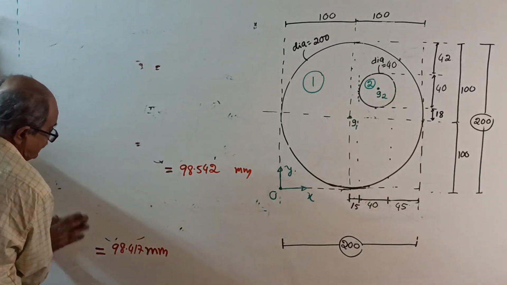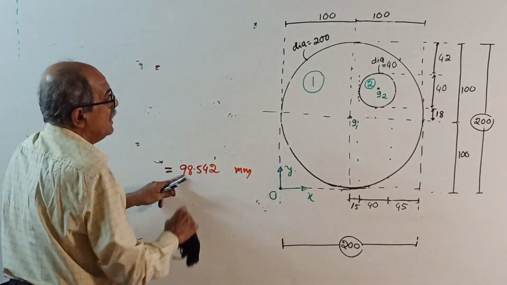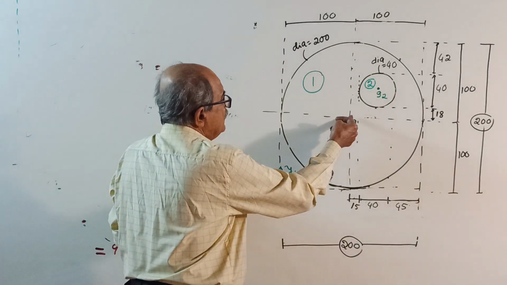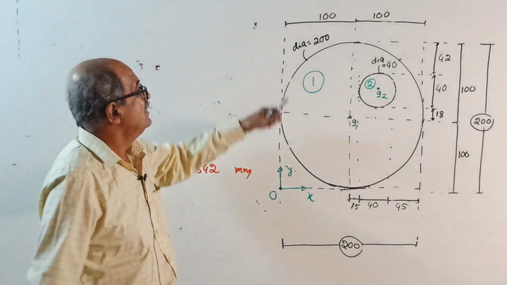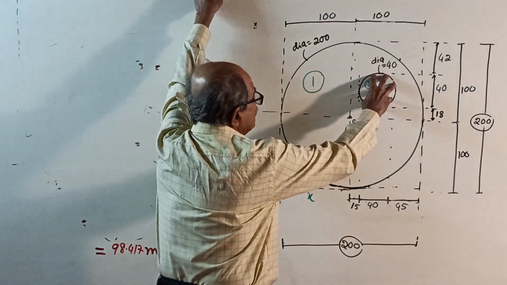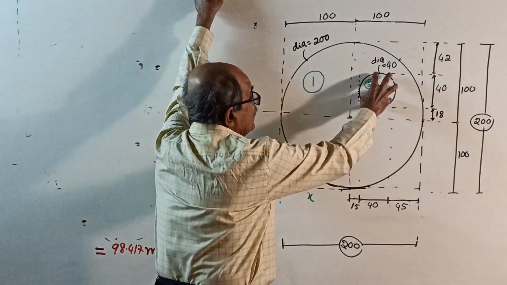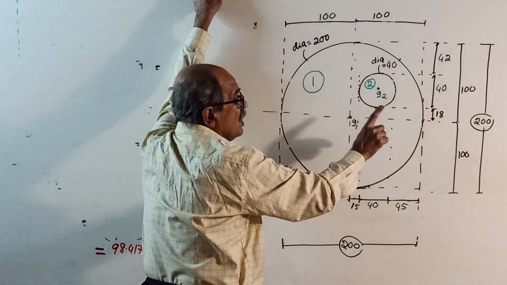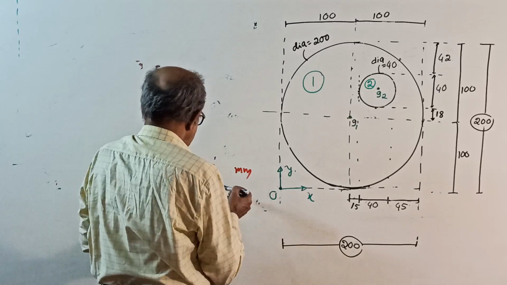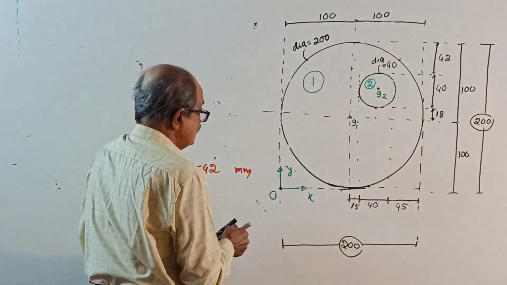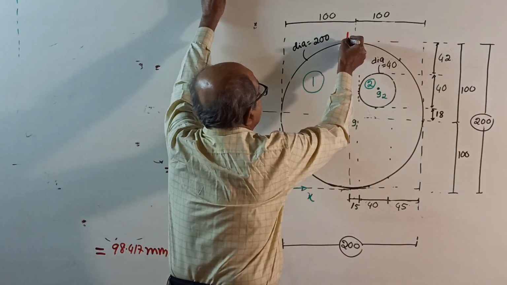Locate the centroidal axis. See, x bar, how much did you get? 98.452. That is a little before the center at 100, by common sense. If the circle were not cut out, the centroid would be here. Since you are removing something, the centroid will shift away from that side. So 98.452 means it will be somewhere here.